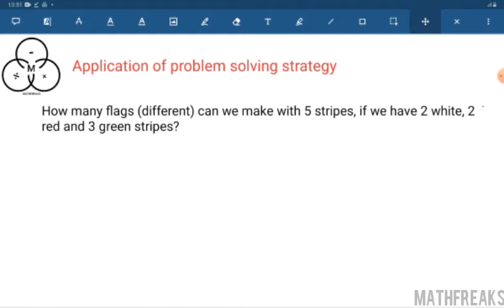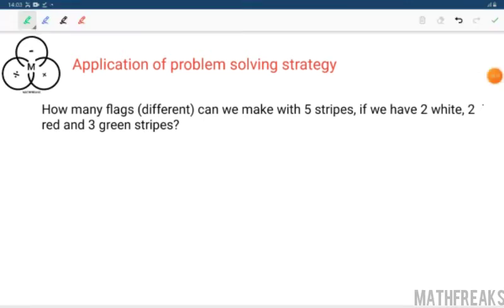No, never. Try to solve it. Pause the video, try to solve it. This question looks easy, but for many students it will be difficult.